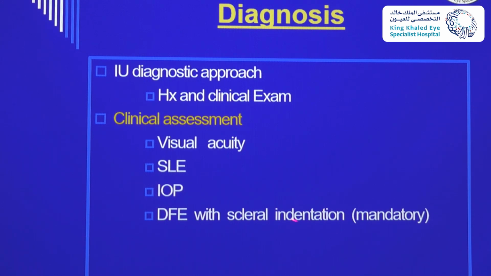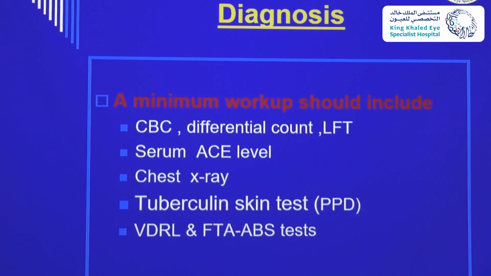Important: with scleral indentation, which is mandatory in any patient, to see 100% that it is intermediate uveitis. Minimal workup includes complete blood count, differential, liver function test, and renal function test. ACE, as you know, since sarcoidosis is one of the most common differentials. Chest X-ray or CT scan depends on what you are thinking.